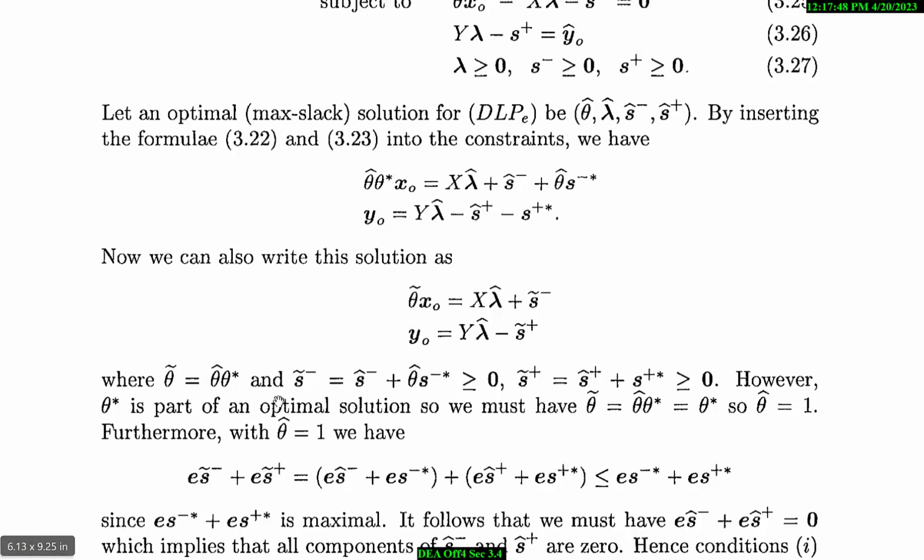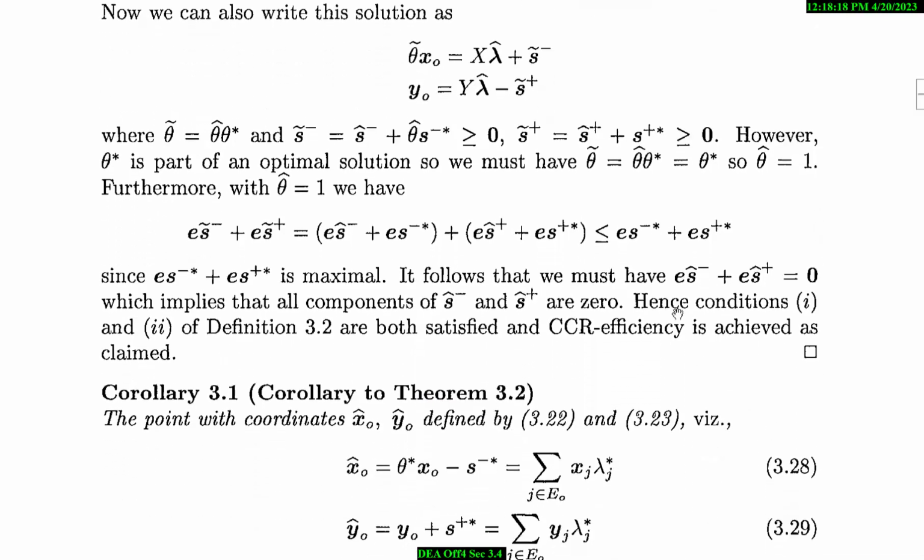By putting the equivalent values of these from here, we have this. If we remove the sum of s minus star and s plus star from both sides, we have this, and since the slacks are non-negative, we should have all the slacks equal to 0.